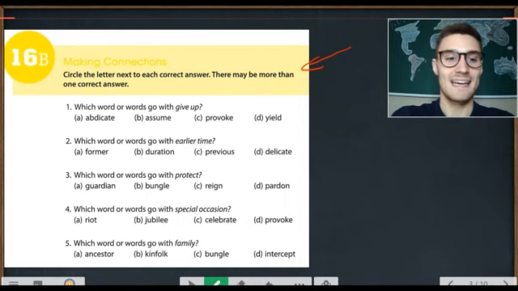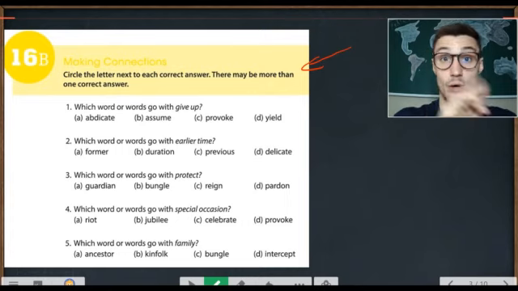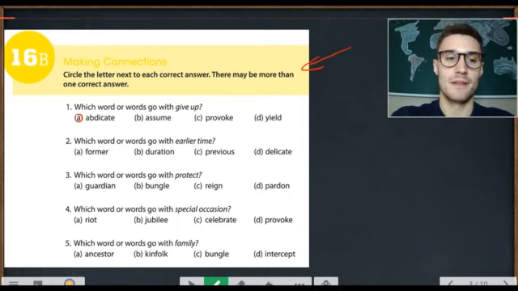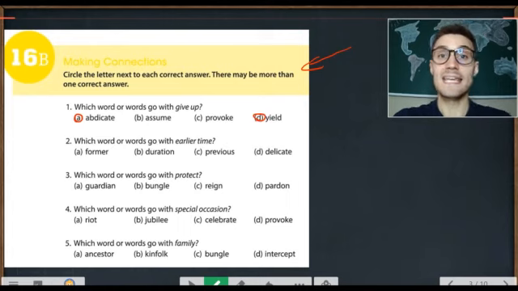Is it A, abdicate, B, assume, C, provoke, D, yield? I can see 2 correct answers. Which word or words go with give up? A, abdicate, D, yield.